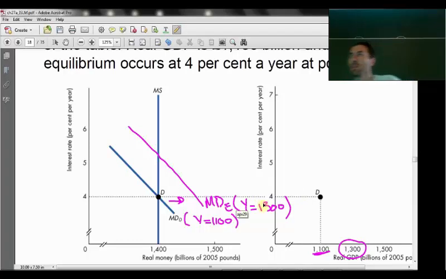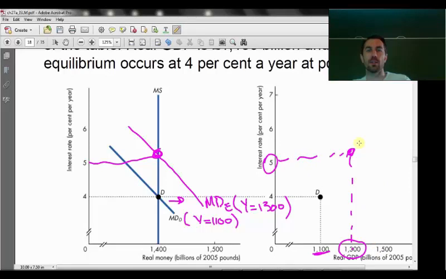My point of equilibrium initially was at an interest rate of 4% in my money market. With an increase in output, an increase in money demand, what happens to my equilibrium? It increases. My line looks rubbish, but you get where I'm going, right? So my equilibrium interest rate now is 5. So now if I'm plotting 5 against 1,300, I can do a second point. Point E. You got it?